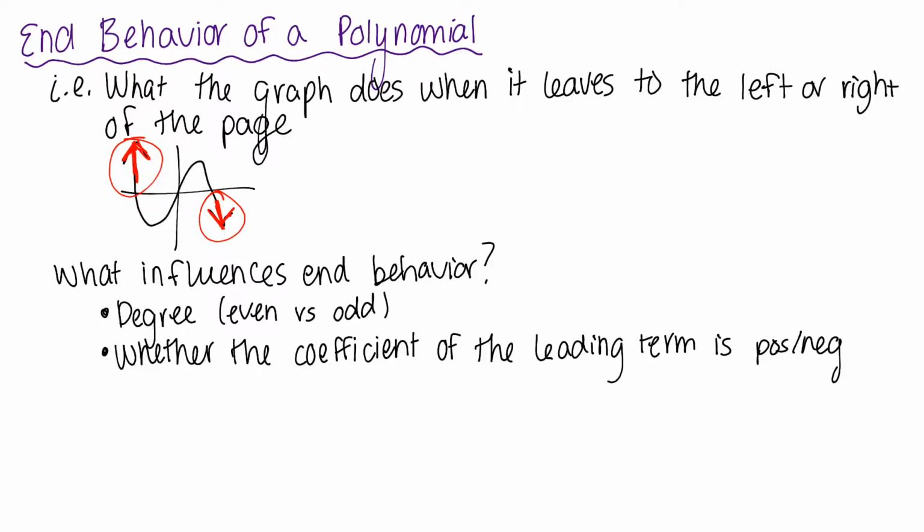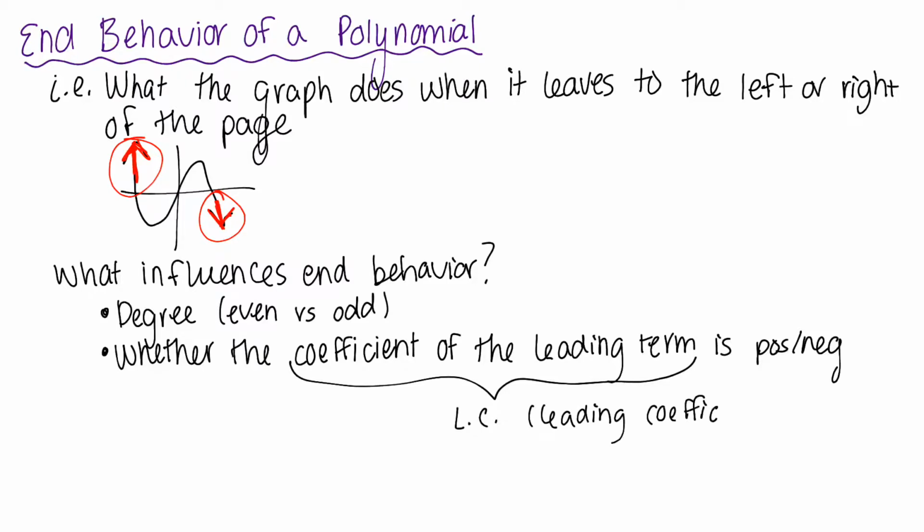So the coefficient of the leading term, I'm going to call this LC, so like leading coefficient. I'm going to call it LC for short as we talk about end behavior.